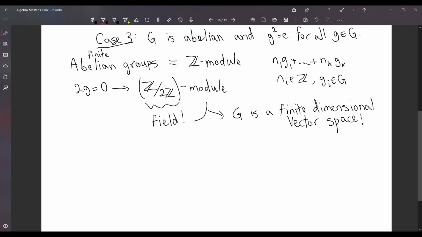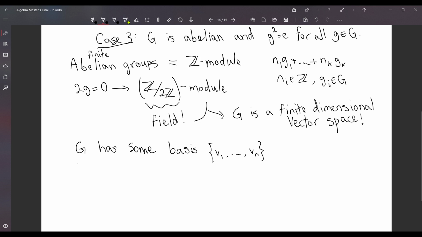And what this allows us to say is that G has some basis, let's say v1 through vn.